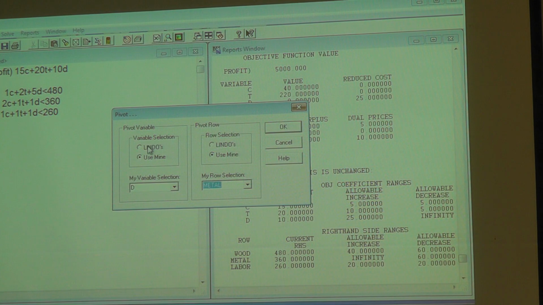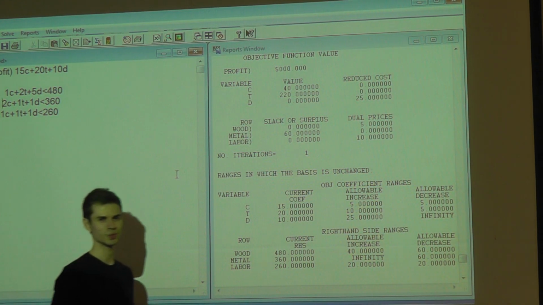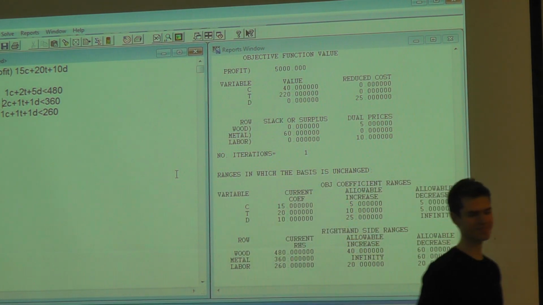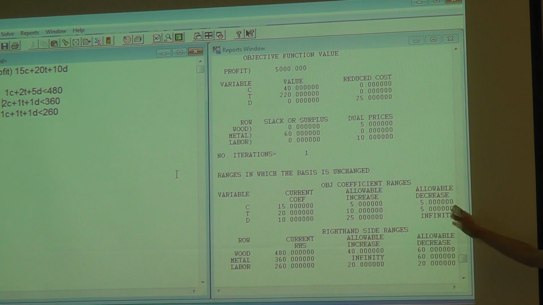Or you can do the pivot which is the actual pivot. We will not explore these options, you already know how to perform the simplex algorithm. If you want, you can play with those. But for now, we'll just try to explore what this program allows you to do in practice.